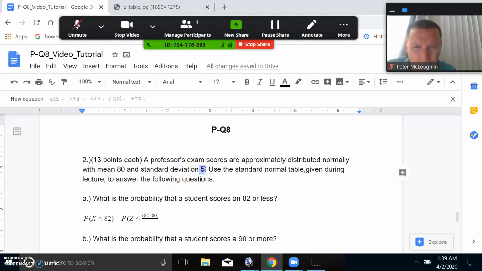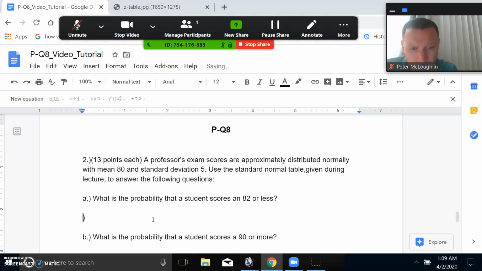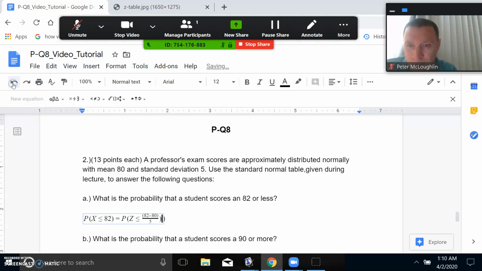The standard deviation here is 5. Dividing by 5 transforms it into a standard normal. Working this out, this equals the probability that Z is less than or equal to 0.4, say 0.40.